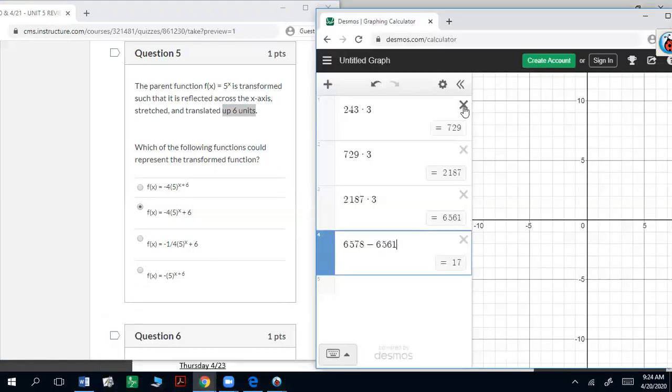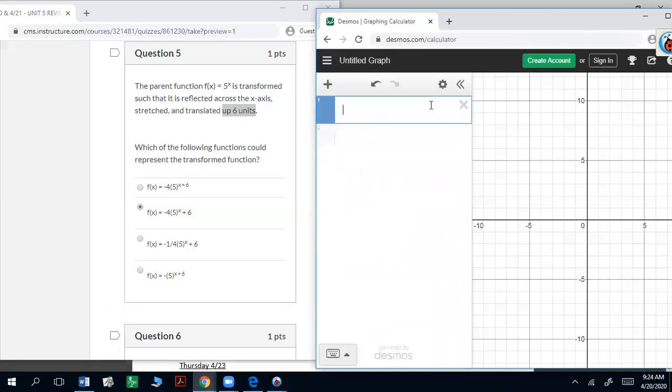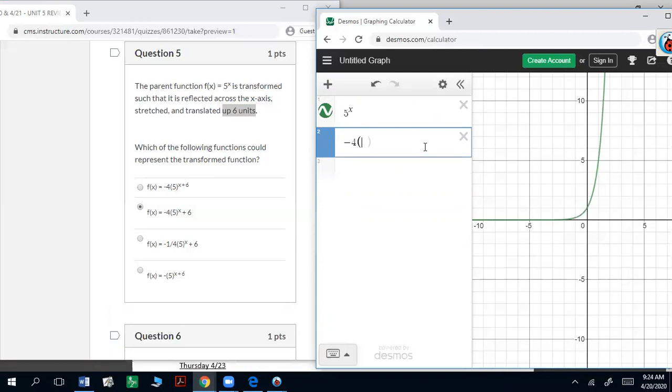So if I did 5 to the x power, and if I did negative 4, 5 to the x plus 6, you notice that it's flipped, so it's reflected. You notice that it's skinnier.